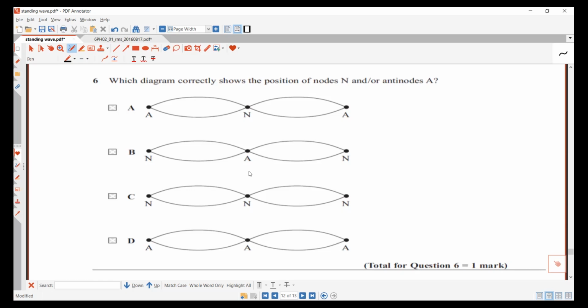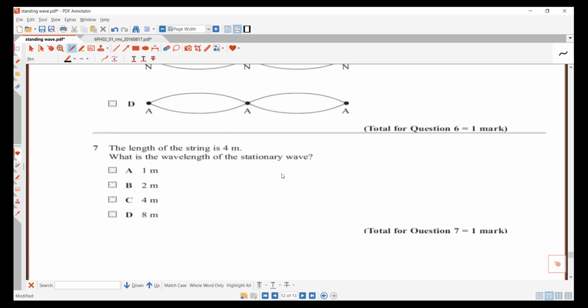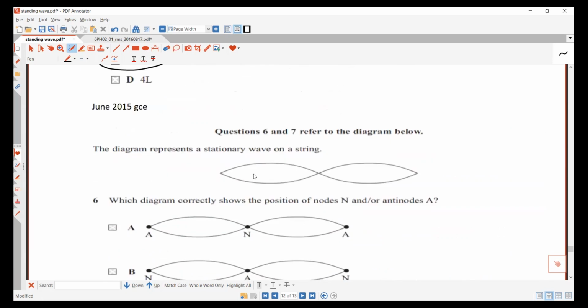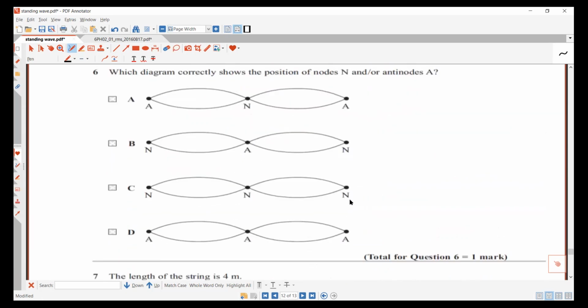Now start doing this question, number 7. The length of the string is 4 meters. What is the wavelength of the stationary wave? What did they say?